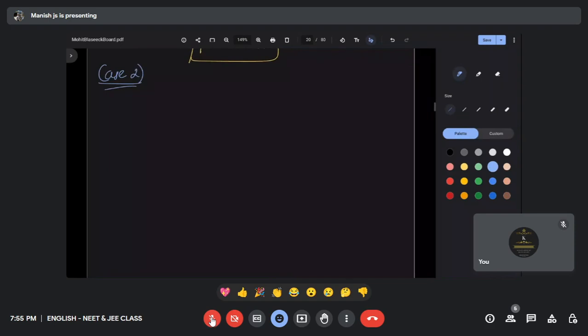for projectile motion. So we look at that. This is a projectile projected horizontally from a height h.